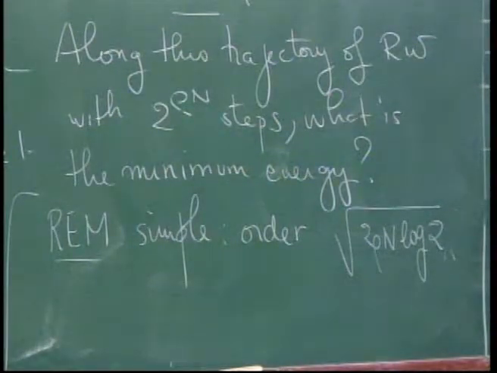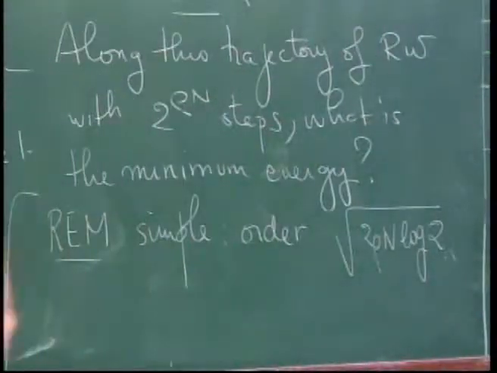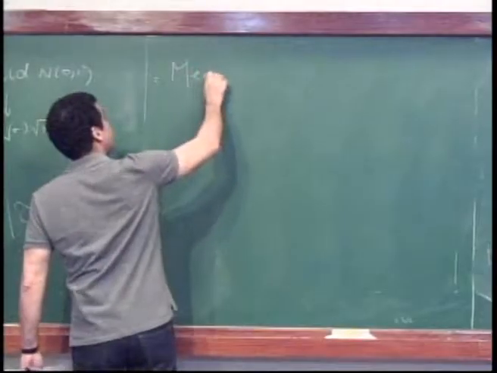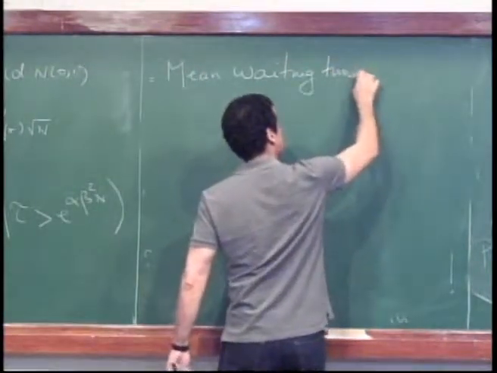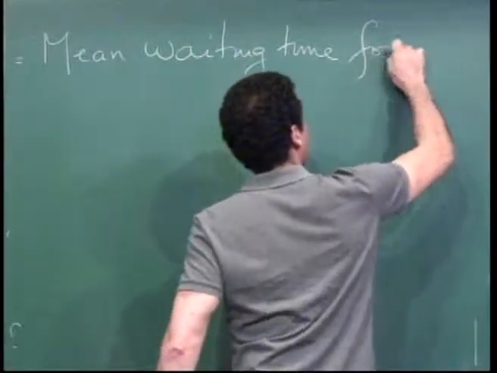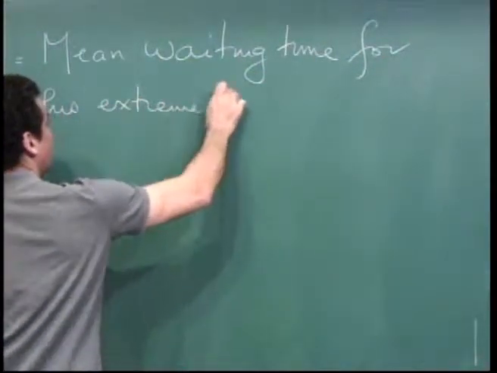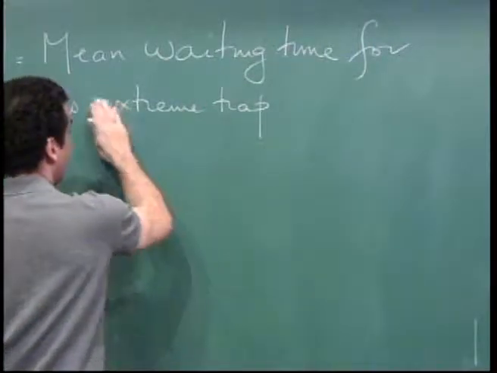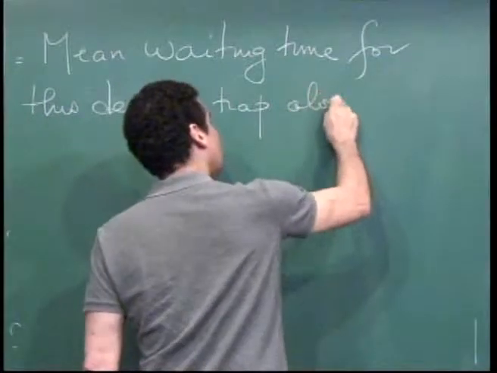Okay? So the mean waiting time, the tau if you want, the maximal one for this extreme trap, for this deepest trap along the path.